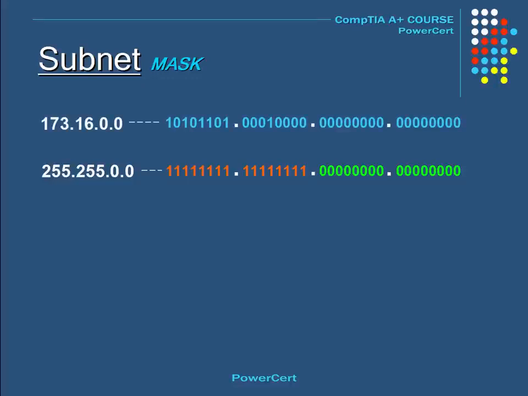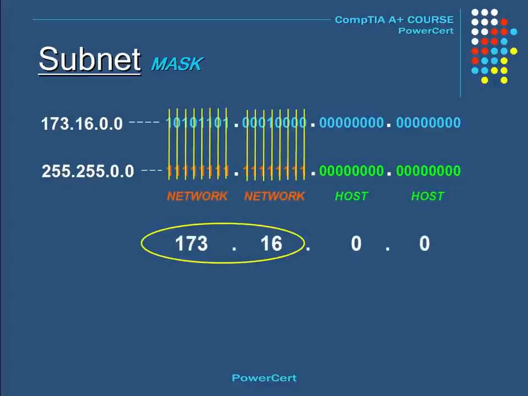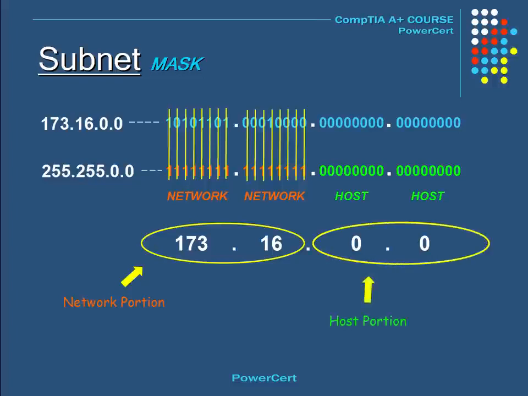So the way to tell which portion of this IP address is the network portion is when the subnet mask binary digit is 1, it will indicate the position of the IP address that defines the network. So we'll cross out all the digits in the IP address that line up with the ones in the subnet mask. And when you do this, it will reveal that the first two octets are the network portion, and the remaining is the host portion.